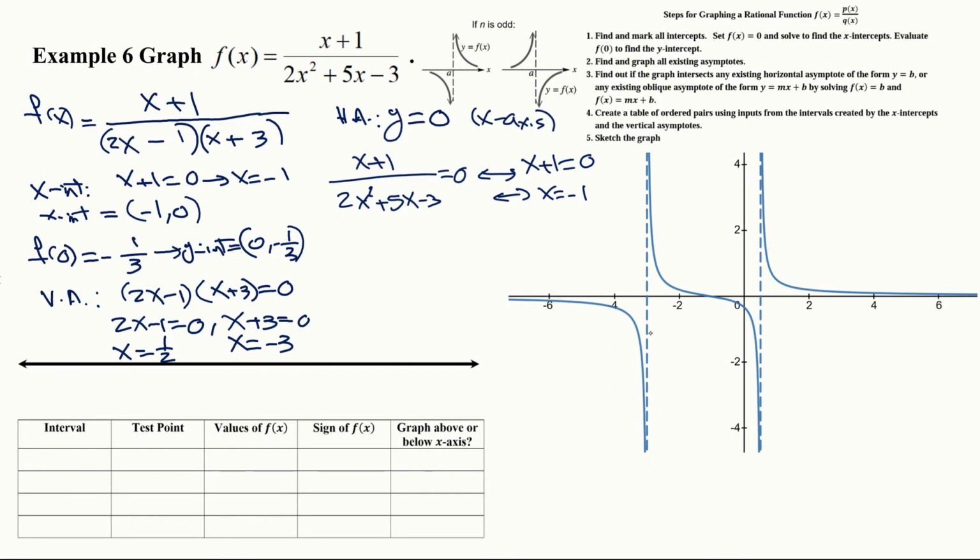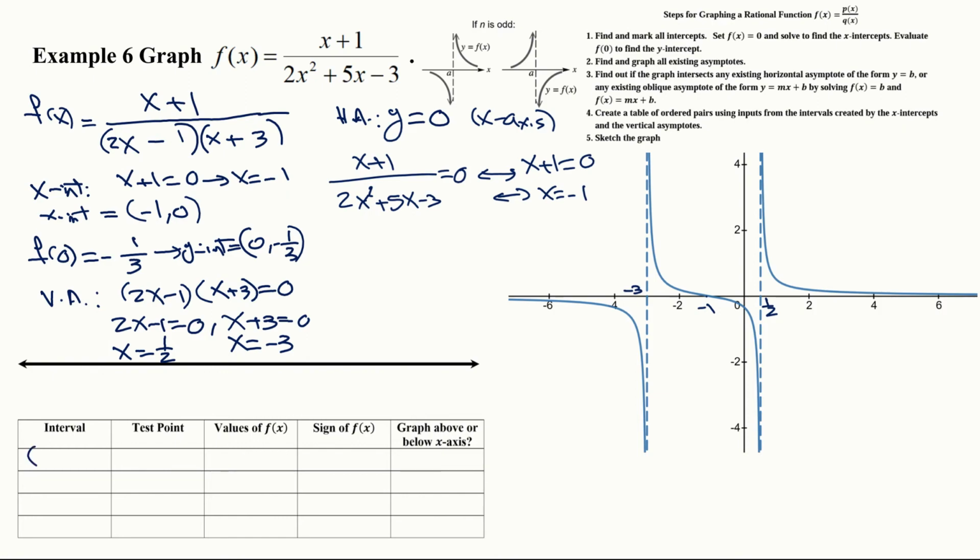So here we want this, and then this point right here, the x-intercept -1, and this other asymptote 1/2, right? So we're going to look at -infinity to -3, and then -3 to -1, and then -1 to 1/2, and then 1/2 to infinity.